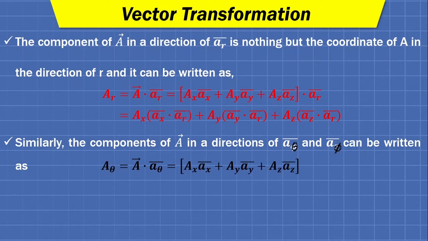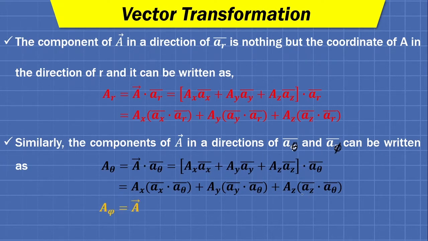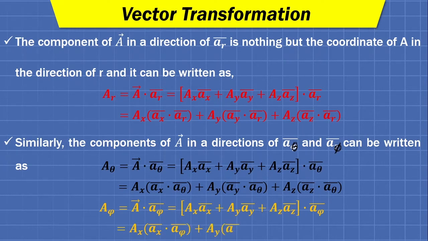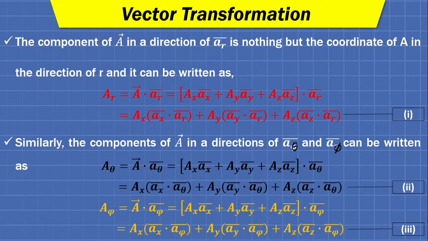Again the same procedure will be followed, and finally you will have the dot products ax bar dot a theta bar, ay bar dot a theta bar and az bar dot a theta bar. And the phi coordinate of A can be determined with this equation. Now we will mark these three equations as equations 1, 2 and 3, and we will utilize these afterwards.